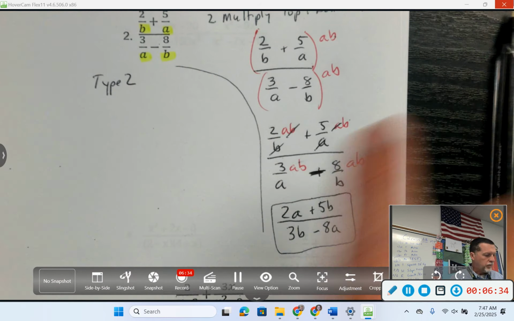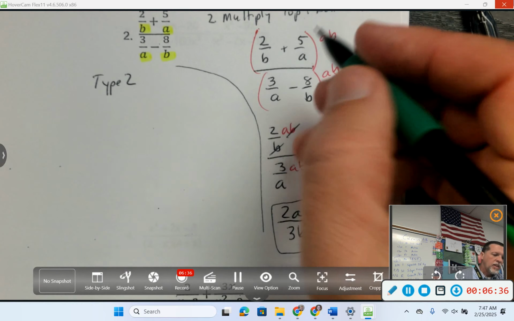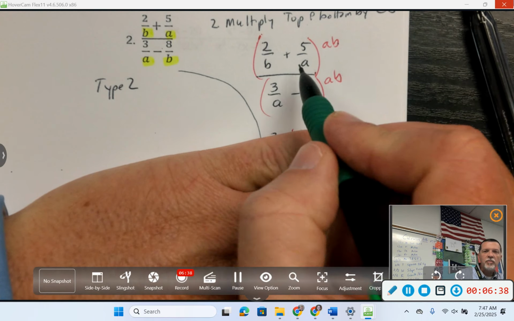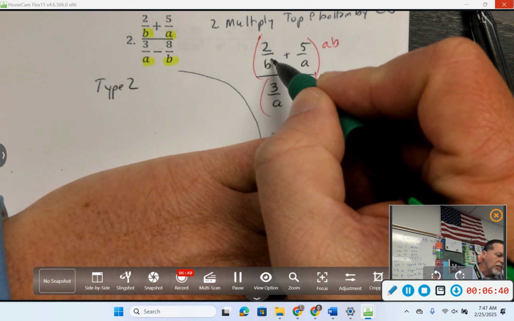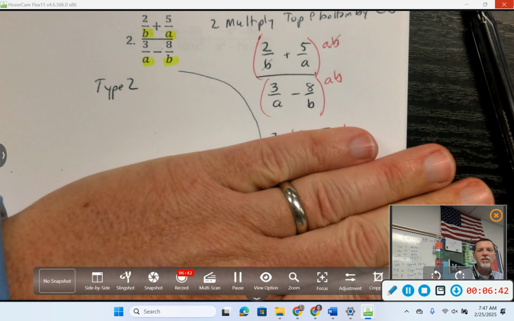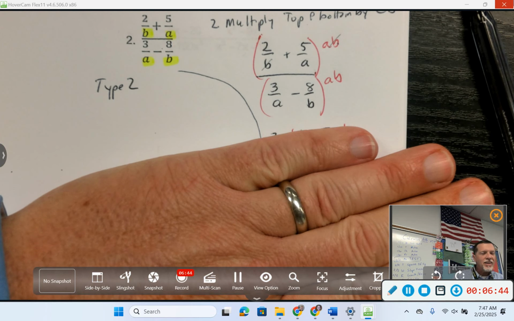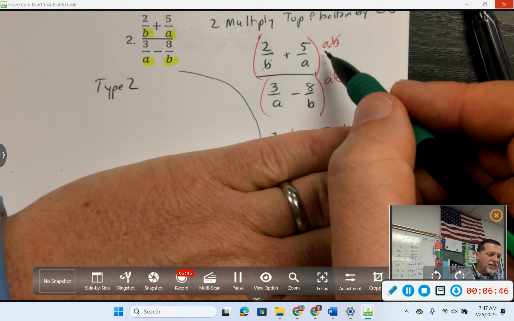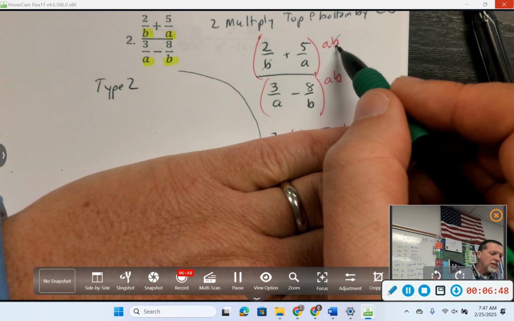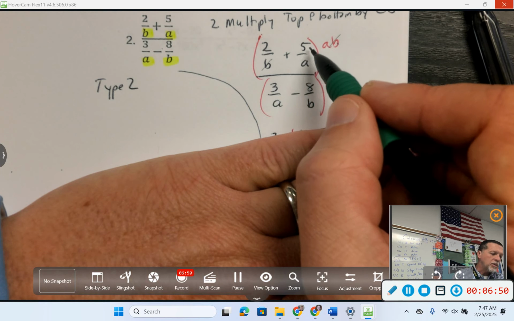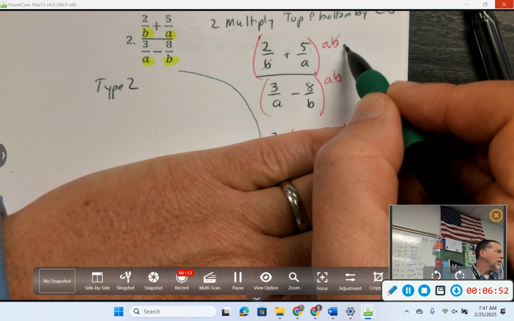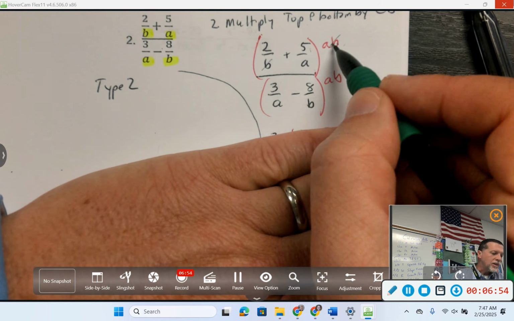Here's what they do. They write this step, and they're like, oh look, the b's cancel. And they'll cancel those b's, which is kind of right, but then they'll put the a there, and they've lost the b, and they won't end up with a b right there because they said it canceled. Well, it canceled with this one, but it didn't cancel with this one.